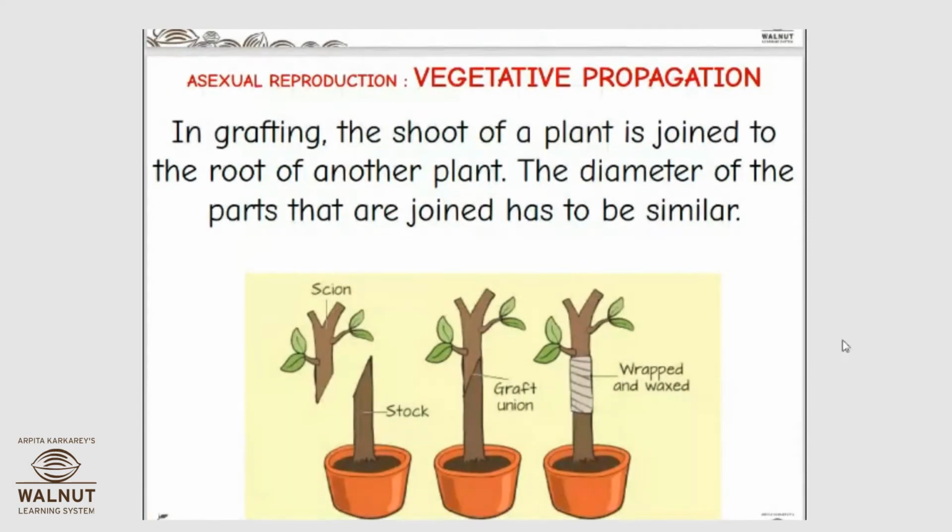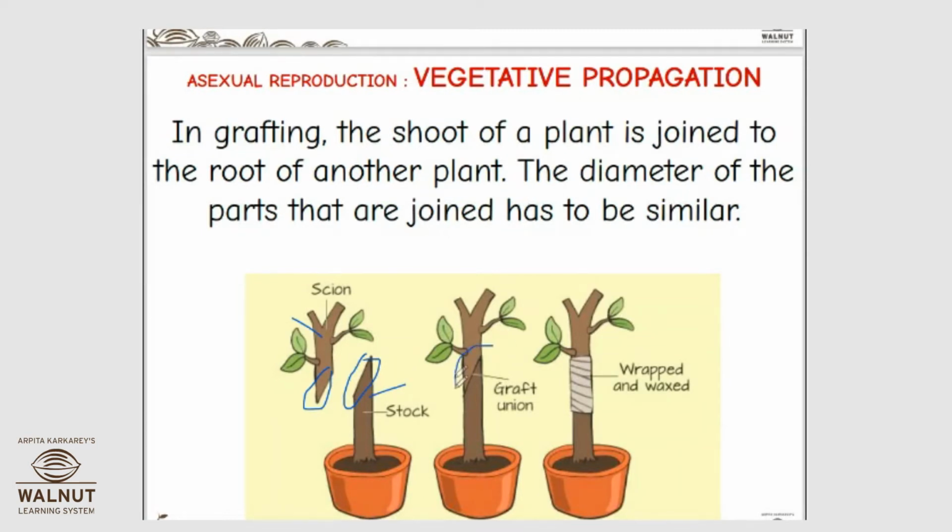In grafting, the shoot of the plant, shoot means the part which is above the soil, is joined to the root of another plant. The diameter of the parts joined has to be similar. The upper part is called the scion and the lower part is the stock.